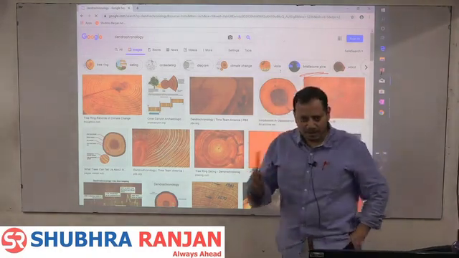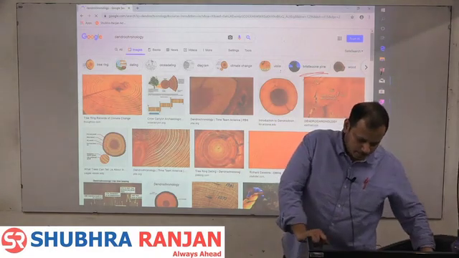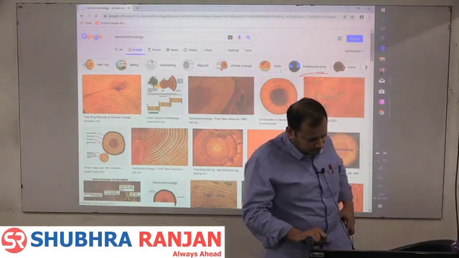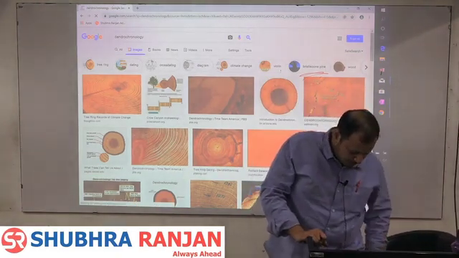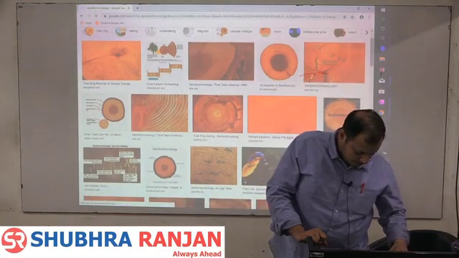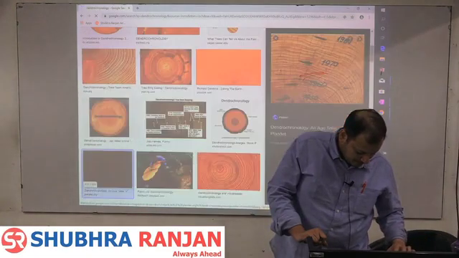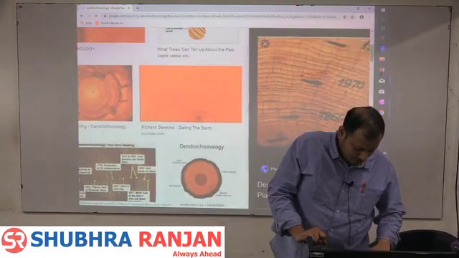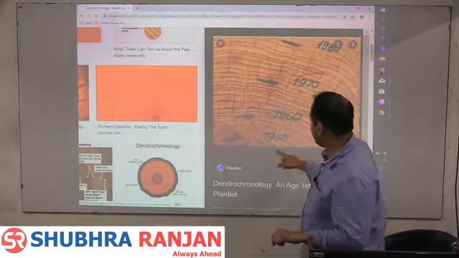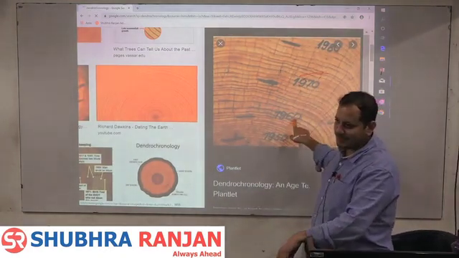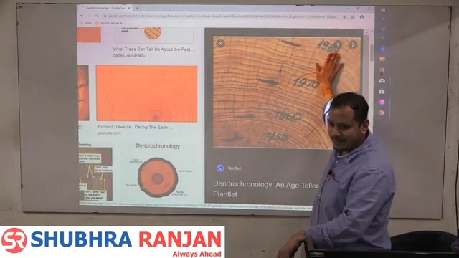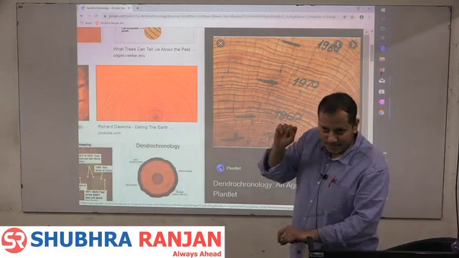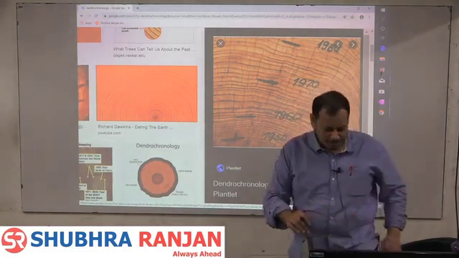Light to dark indicates proper annual growth of the trees. See in this photo, 1950, 1960, 1970, 1980. This is the age of the tree. They will then find out the color, thickness, etc. This is dendrochronology.